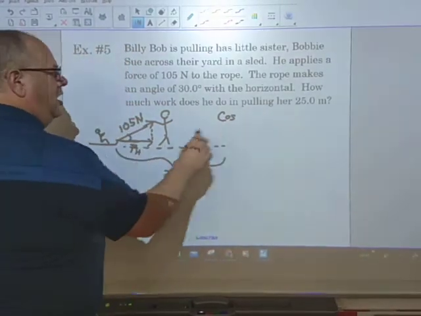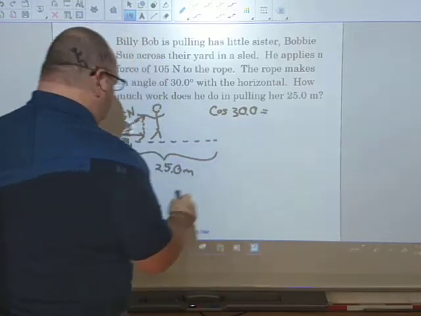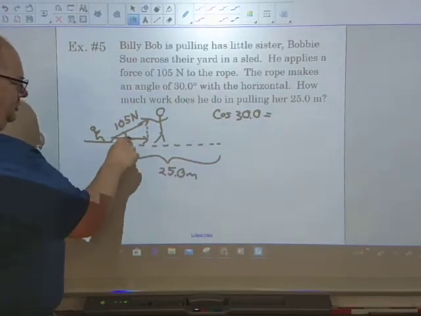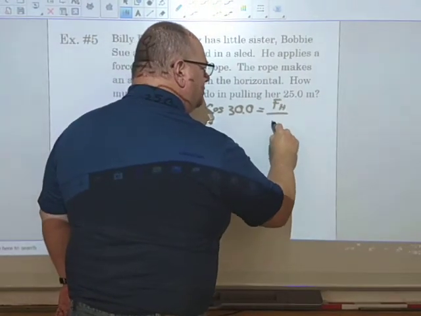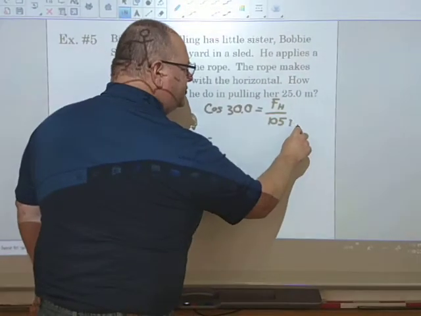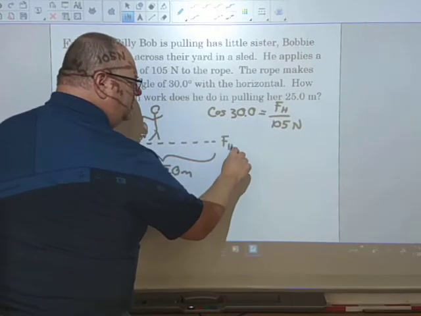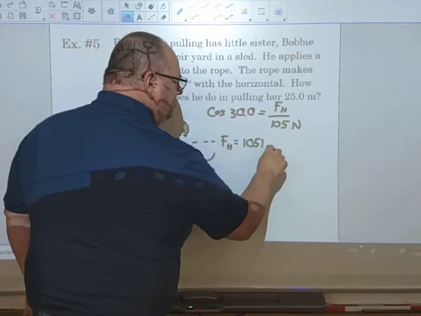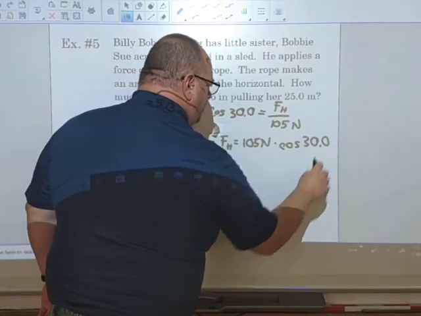Cosine of 30 is going to equal FH over 105 newtons. So my horizontal component is going to be 105 newtons times the cosine of 30.